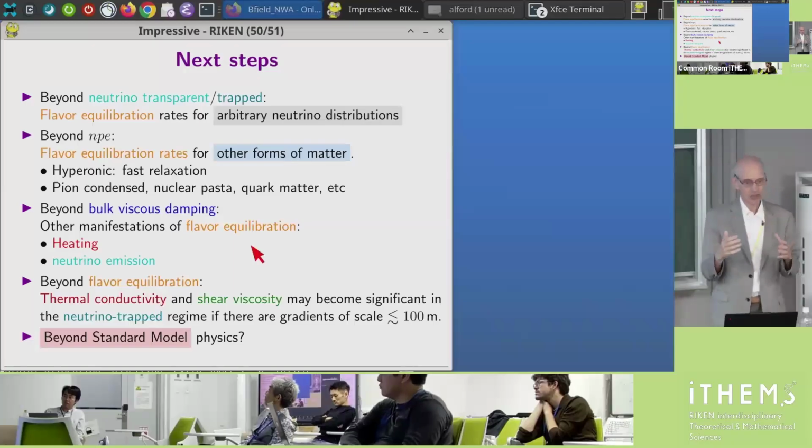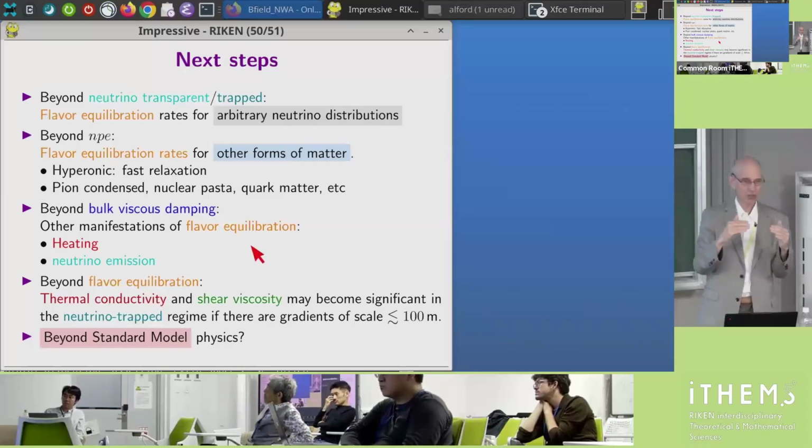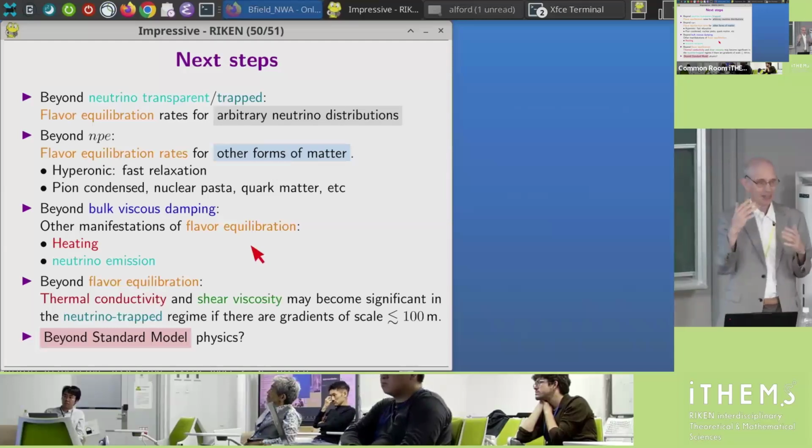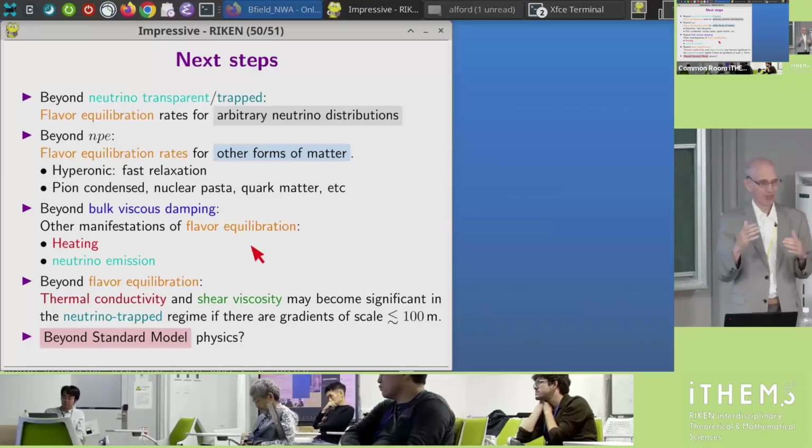So you don't have to worry about deviations from Fermi Dirac. It's all Fermi Diracs. It's just that the chemical potentials are out of whack. So you just have to track this one chemical potential. And if this chemical potential is far out of whack, then that's suprathermal nonlinear bulk viscosity, but you can still calculate it because the rest of it is all thermally equilibrated.